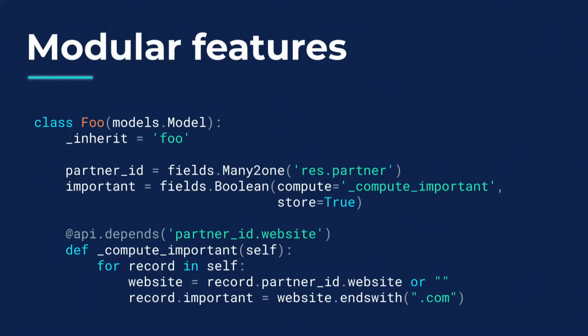Basically, you would have to go to the implementation of the model of the partner, and there override the method that would allow you to write on the partner and catch when you try to modify the field website, to say, oh, I have to search for the records in the model foo that are related to the one I'm modifying to make sure they are updated and the field is recomputed as well. In Django, you would have to write that.